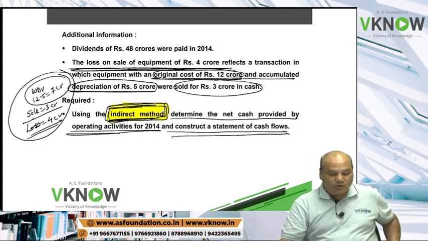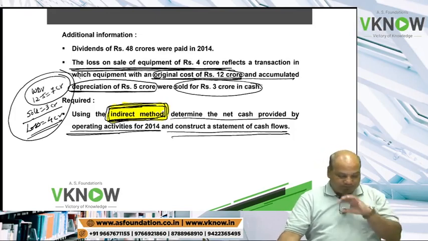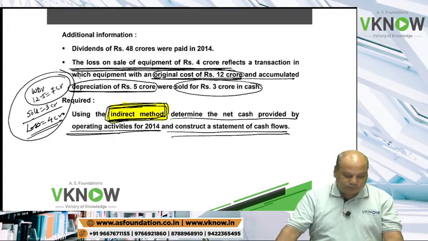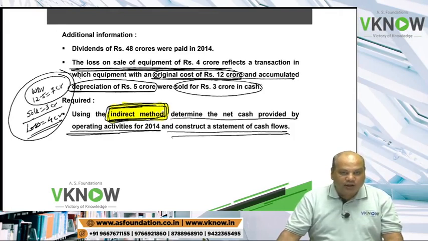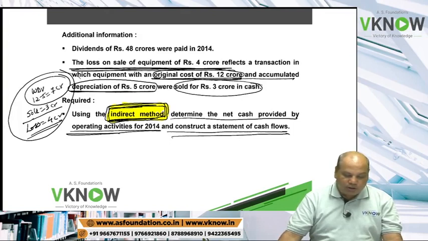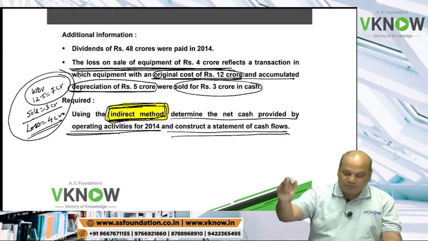From sale and cost of goods sold, you can find collection, purchase, etc. But because the question has spoken about indirect method, we will also follow indirect method only. Is it right?